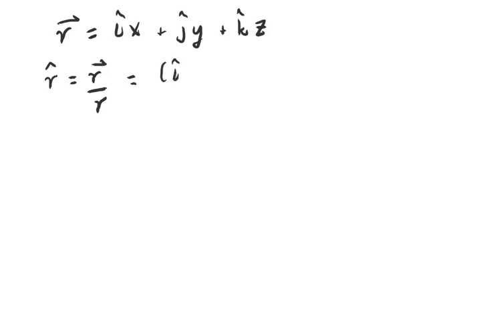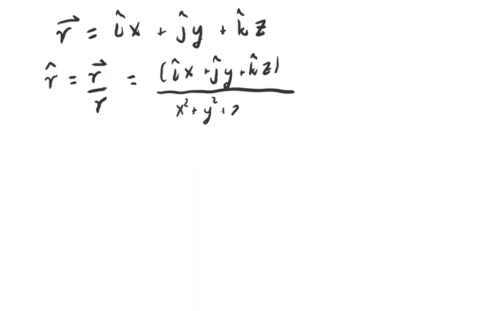So that's just i hat x plus j hat y plus k hat z divided by the norm of the position vector, which we know is just the square root of the dot product of r with itself. And that just turns out to be x squared plus y squared plus z squared, the entire quantity taken to the 1/2 power.